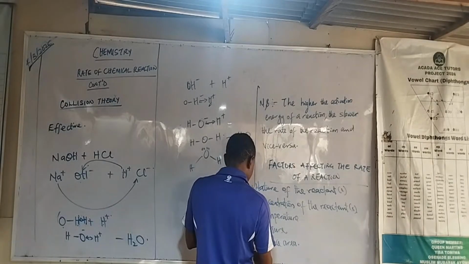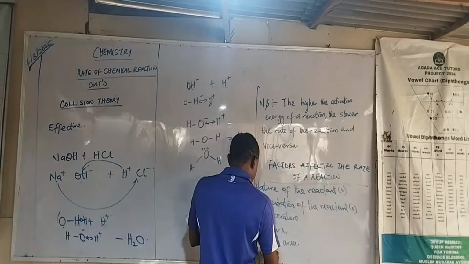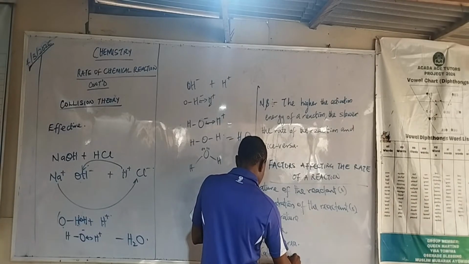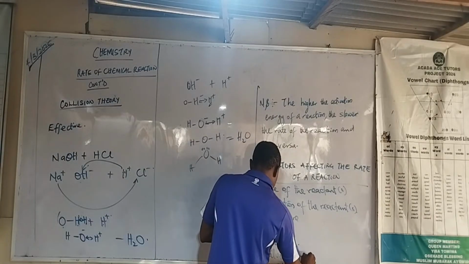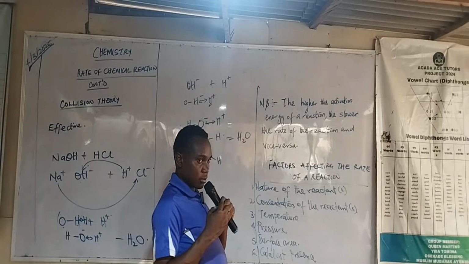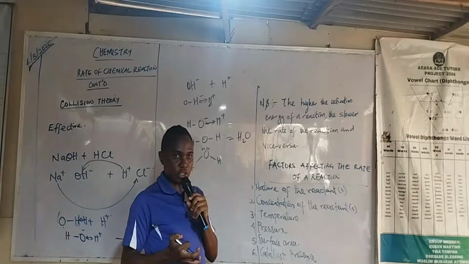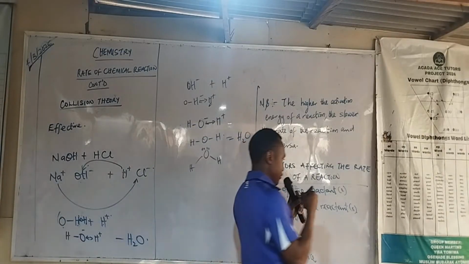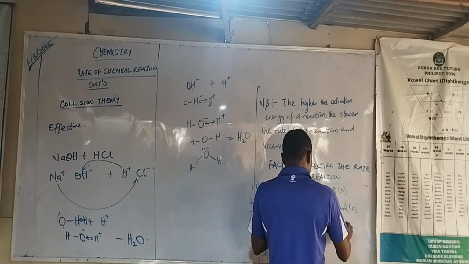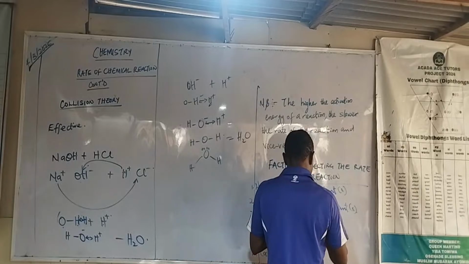Number 6 is what? Catalyst. Catalyst presence. Yes or no? Another catalyst present, we can have a special form of catalyst which is called what? Light. Presence of light.